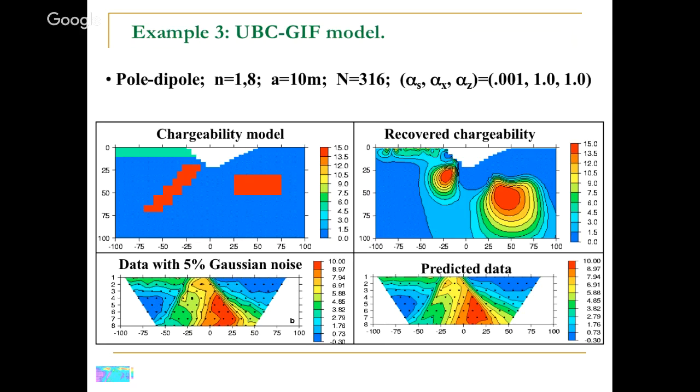So you do the inversion, it doesn't have to put anything there, and you end up with something like this. And similarly here, you're kind of smeared out. But from the point of view of geologic interpretation, you now have something: you've got a body here, you've got a body here. If you drilled in here, you'd have been very happy.